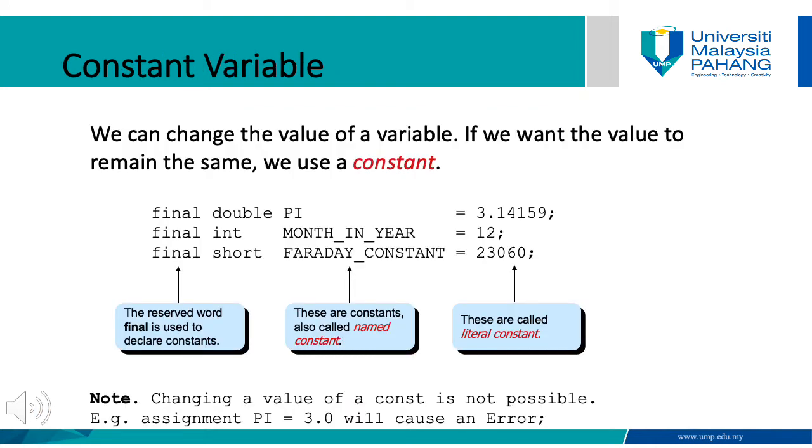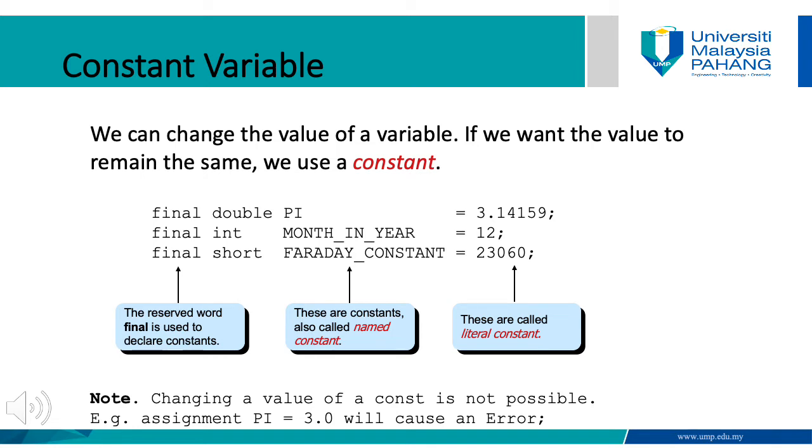So for a regular variable, we can change the value of the variable. If we want the value to remain the same, we will use a constant. So for example here, the word final. It is a reserved word, already included in this programming language.